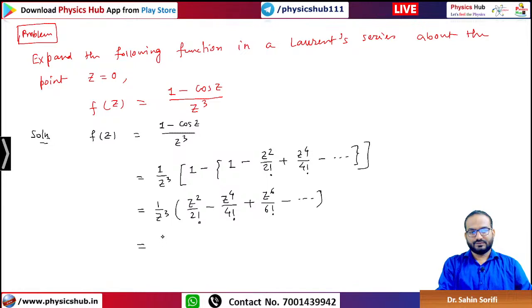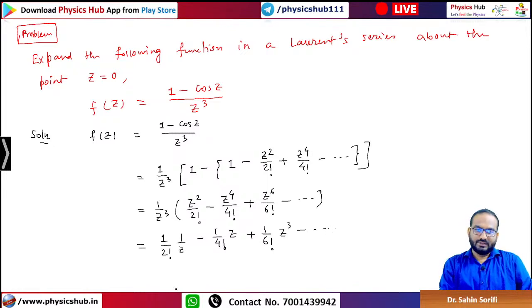So this is 1 upon 2 factorial times 1 upon z minus 1 upon 4 factorial times z plus 1 upon 6 factorial times z cube minus and so on. Okay, so this is the answer. We can write it in a compact form, in the form of a summation. Let's say sum over.